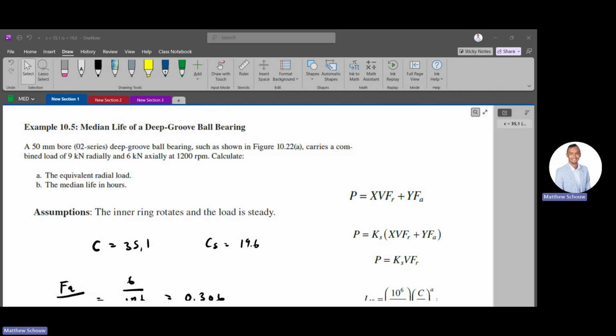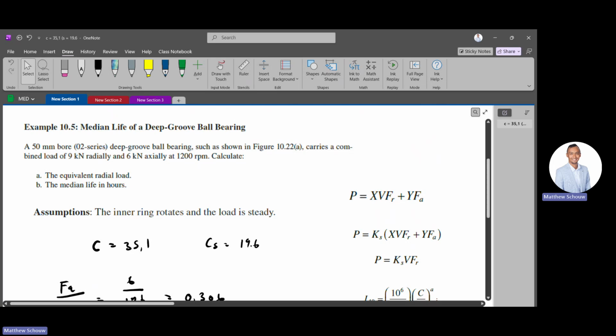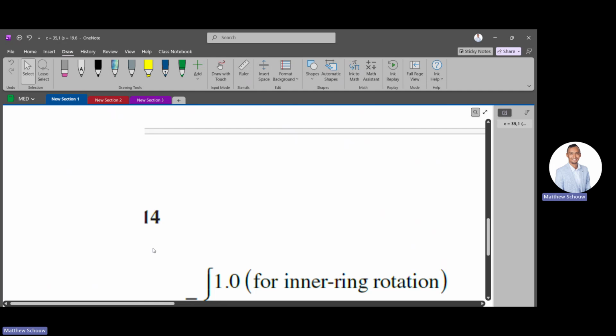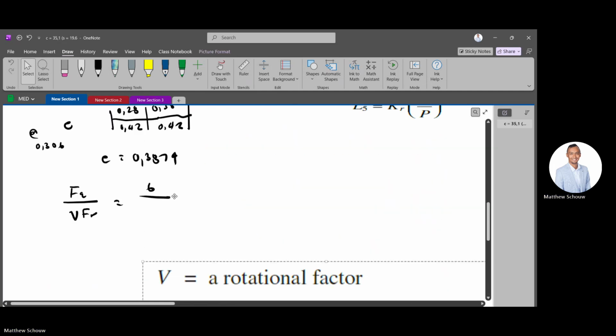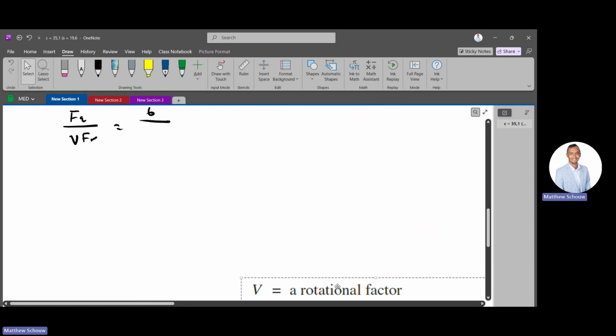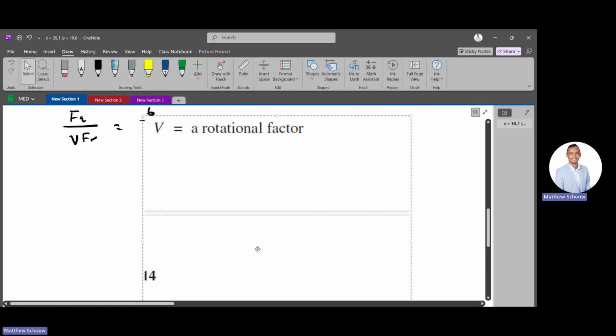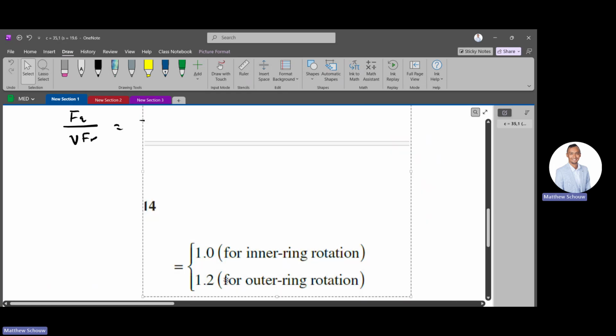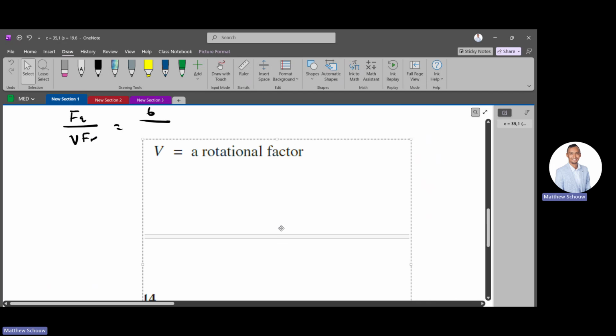Okay, let me just have the book here somewhere. I just have to unfortunately cross 2 chapters. I just want to show you so you really are conscious of it. And you can see over here, depending on the rotational factor, if it's inner, it's 1, if it's outer, it's 1.2. So be conscious of that.